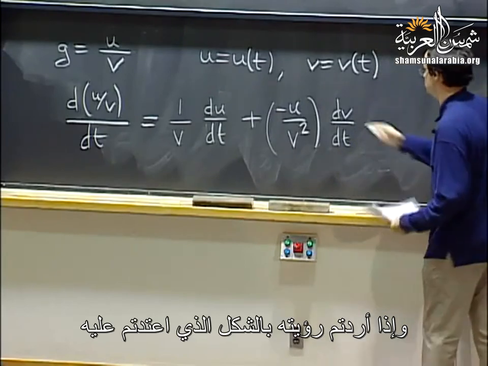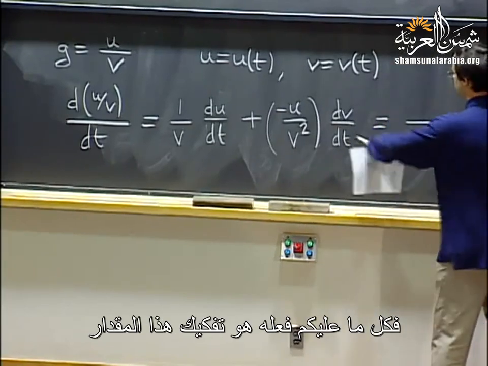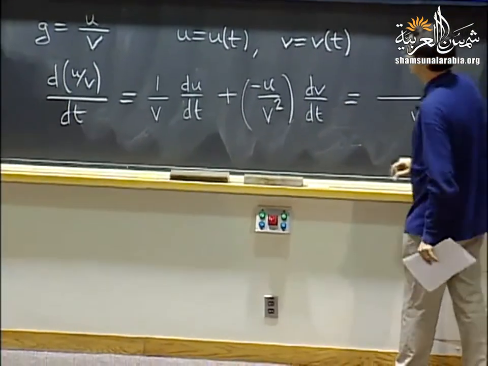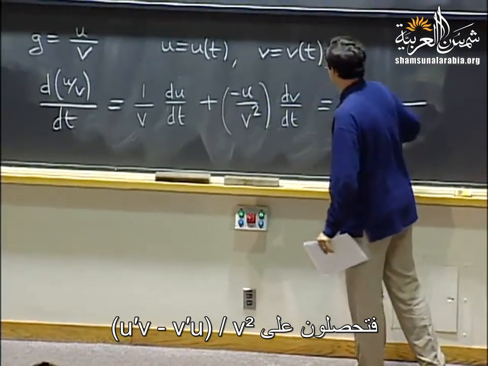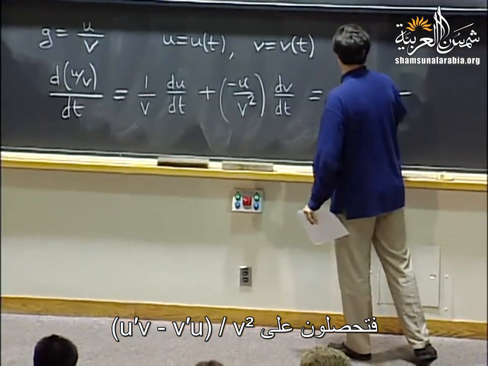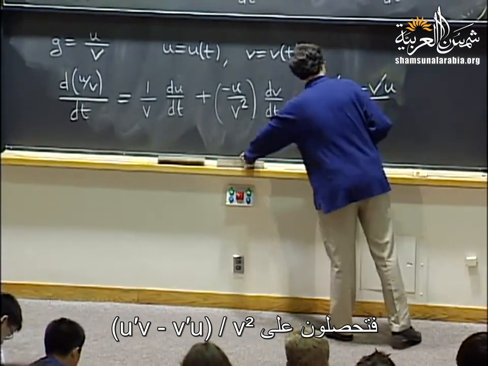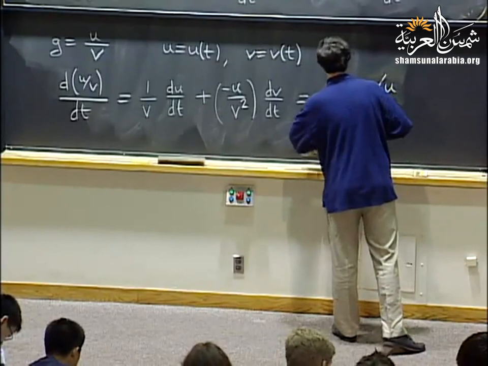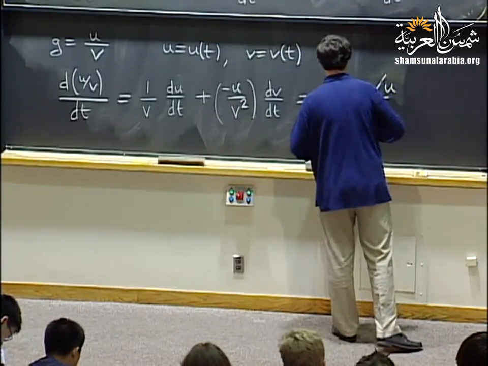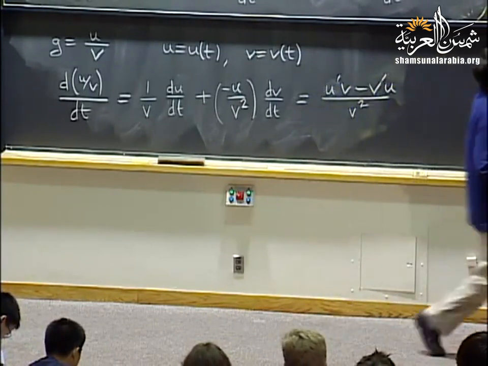In case you really want to see it, if you clear denominators to put the v squared, then you will see u prime times v minus v prime times u.